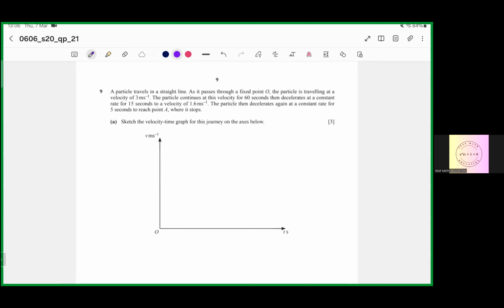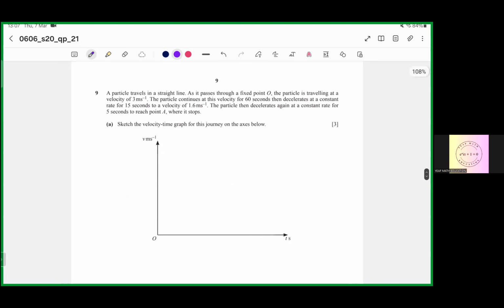Okay, now because the question states it starts with a velocity of 3 meters per second, right? So we draw 3. Now it will continue at this velocity for 16 seconds, until here. Now he will start to decelerate at a constant rate. Okay, I draw quite long.